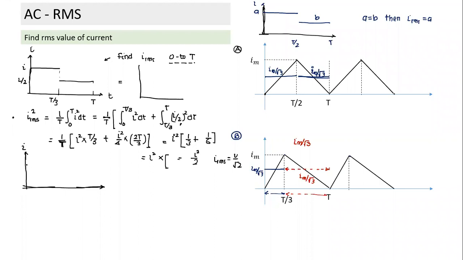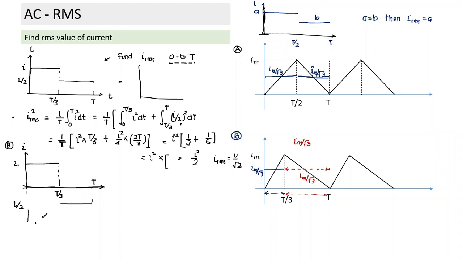Now, Kevin, you answer me this time. Current is like this. What will be the IRMS value in this case? What would be the IRMS in this case?